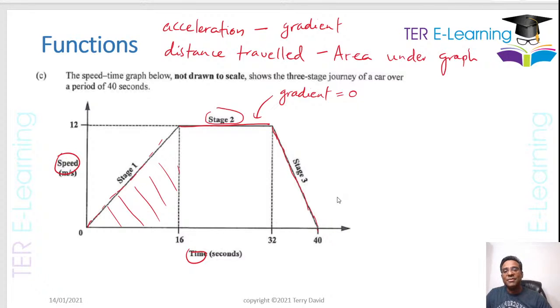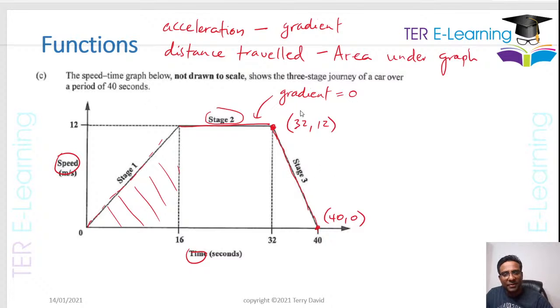Now, yesterday I gave you all a formula to find gradient. All we need to find the gradient are the coordinates of this point here, which is actually 32, 12, and this point here, which is 40, 0. What I typically tell my students to do is to label their points.